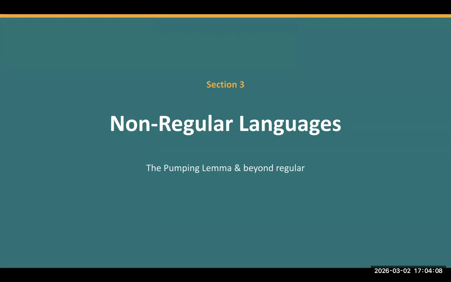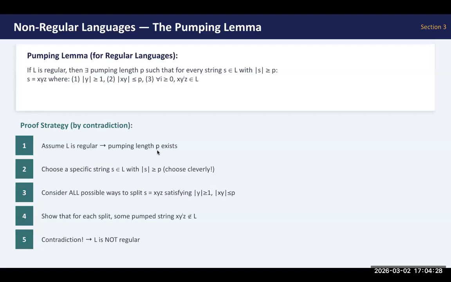So an important part of this is, and I'm pretty sure that might come in some of your midterms, the pumping lemma. So that's something that you'll have as a more comprehensive question that you would have to prove. So what is the pumping lemma for regular languages? What it does, it basically assumes that L is regular.